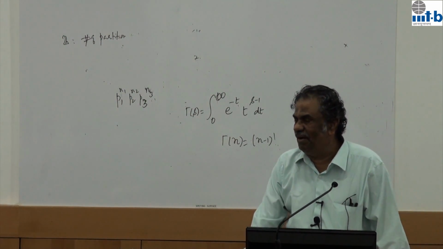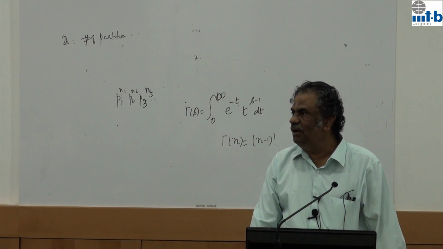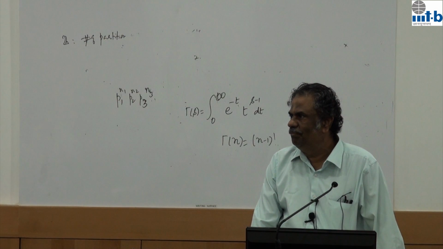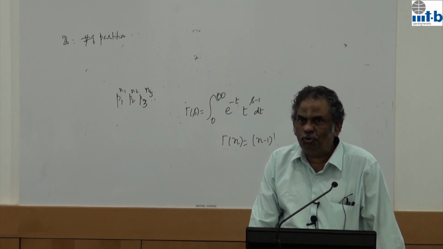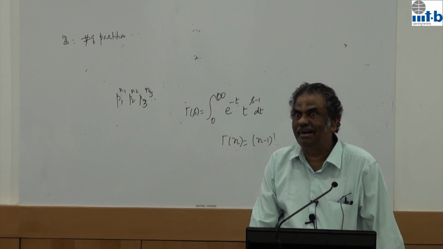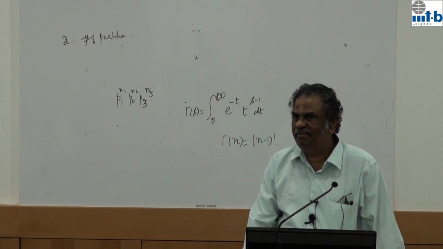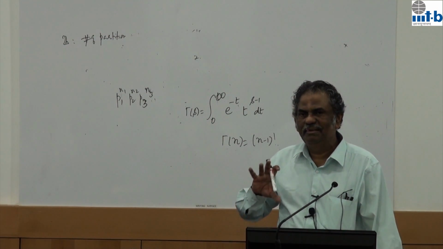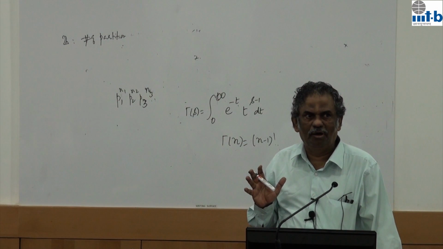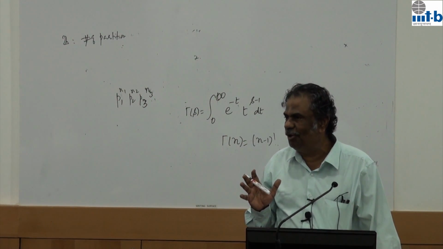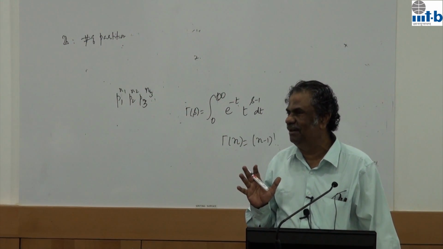Let us put this question slightly differently. I have a function which is defined only on integers, and I have no natural way of extending the definition to real numbers. Is there some natural way of extending that to real numbers? That is a question which Euler asked, and the particular function he took is n factorial.